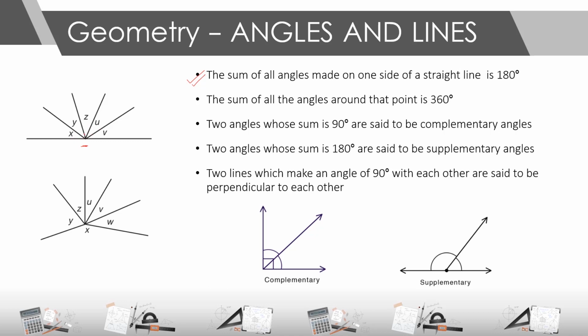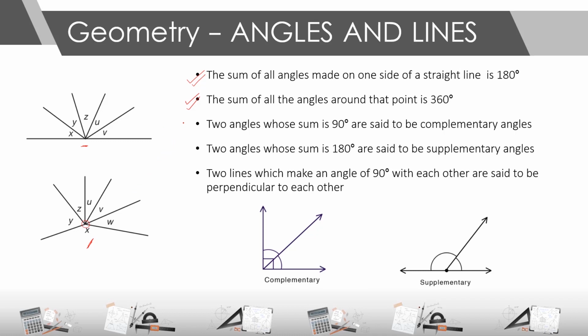If we make a straight line, on one side there will be 180 degrees and on the other side there will be 180 degrees. So this is one property that we must remember, that on one side of a straight line, the angles will always add up to 180 degrees. The second point is that the sum of angles around a point is 360 degrees. So if there is a single point, the sum of all the angles about that point will be 360 degrees.